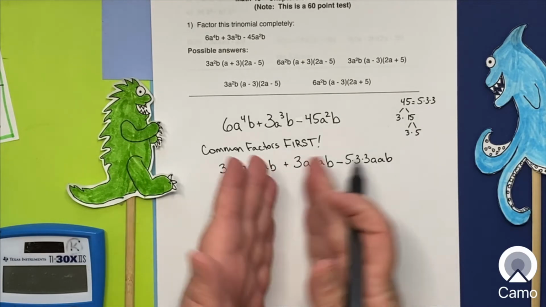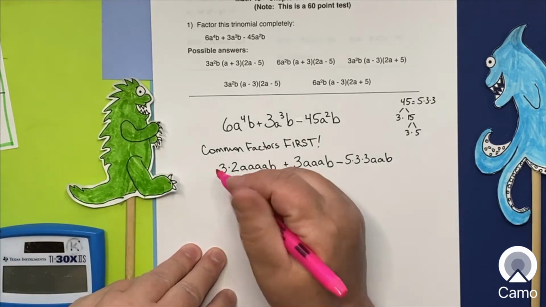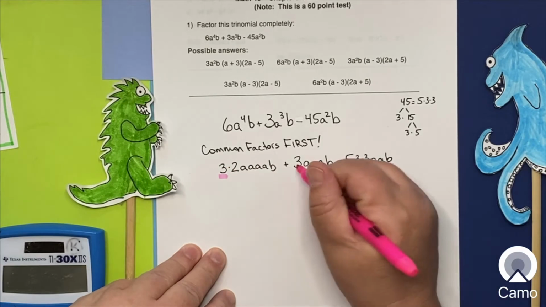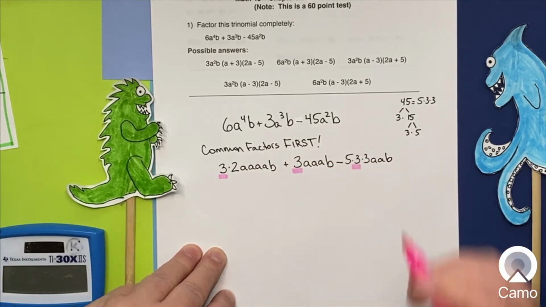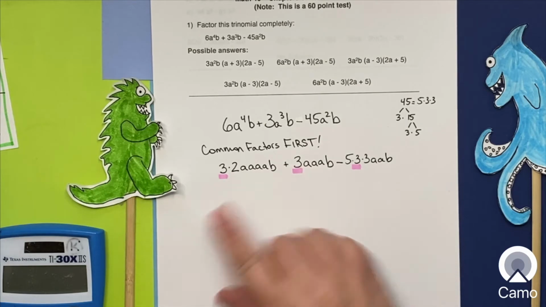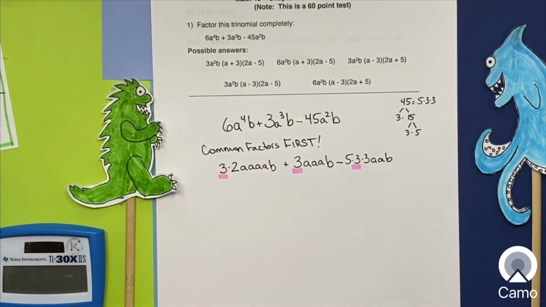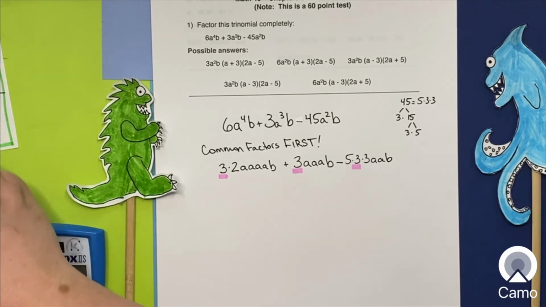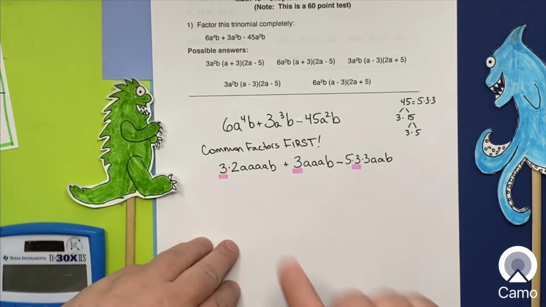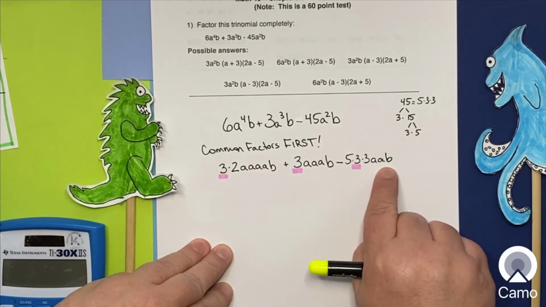So I've expanded everything. Now, you do not have to do this, but I find it useful because I can go through and say, okay, who is a matching thing? I've got a matching 3 for sure. I've got a 2 here. There's no 2 here, so 2 doesn't match. There's a 5 here, but no 5 in these. So that's it for the numbers. I have 4 A's here, 3 A's here, and 2 A's here.